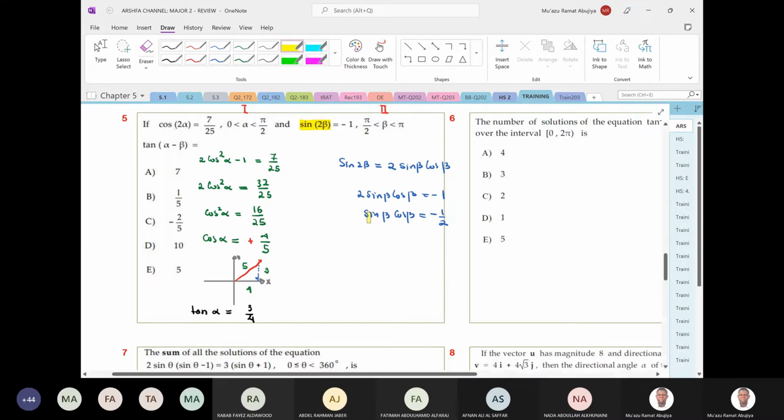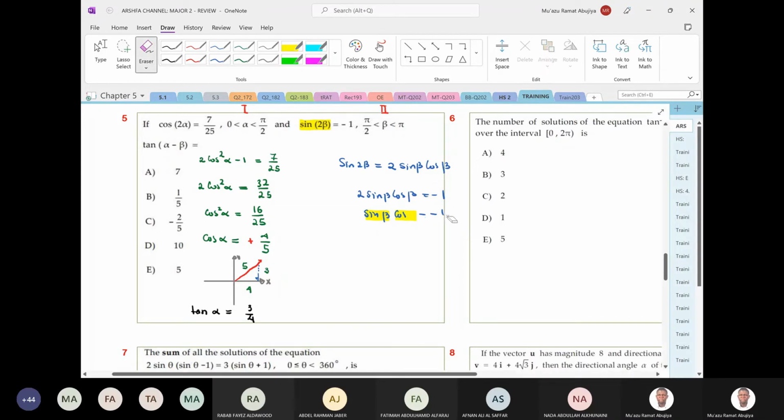We said sine multiplied by cosine is equal to minus a half. Unless I have more information, I cannot do this one easily. That means using the single angle, or using the property of double angle here, will not give me the answer easily. So what is going to be the idea now here?